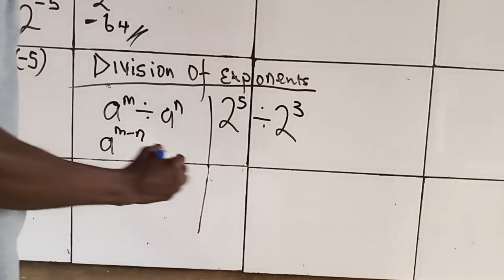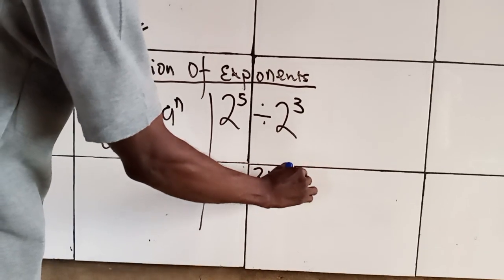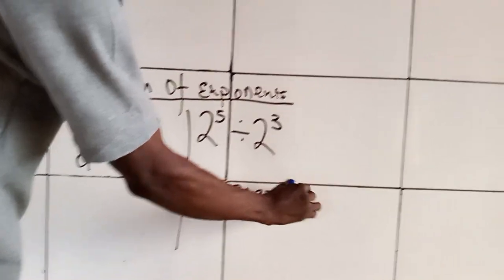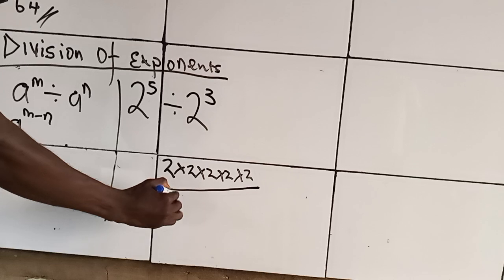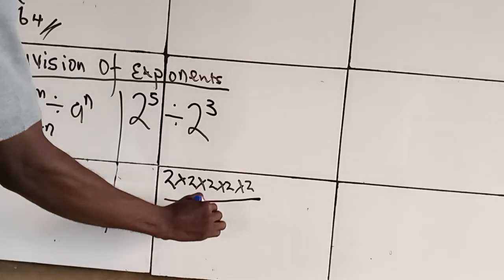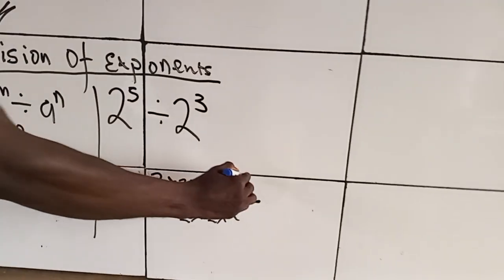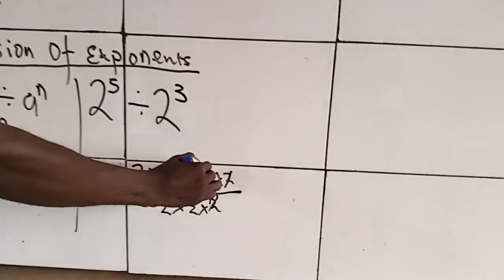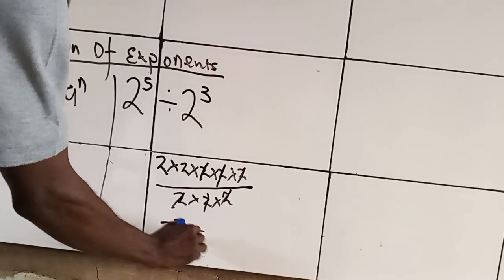Ideally, this is 2 times 2 times 2 times 2 times 2, which is 5 twos, divided by 2 times 2 times 2. 2 and 2 will go, 2 and 2 will go, 2 and 2 will go. So you are left with 2 raised to the power of 2, which is equal to 4.